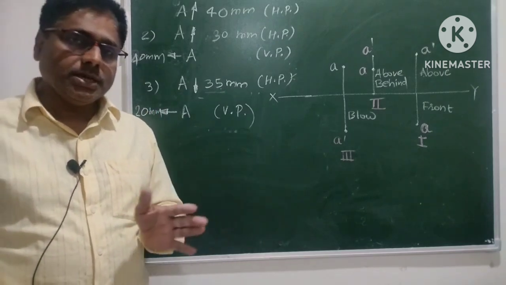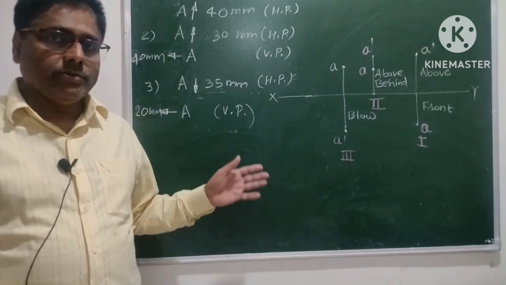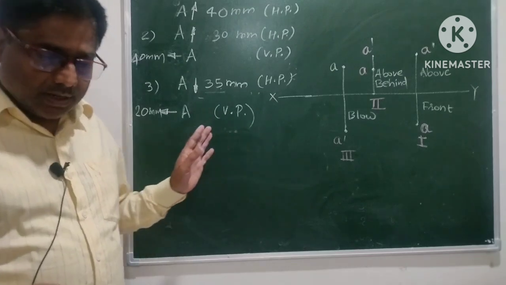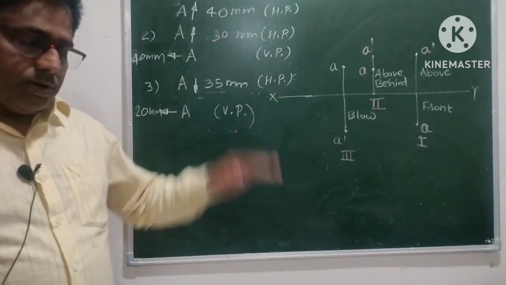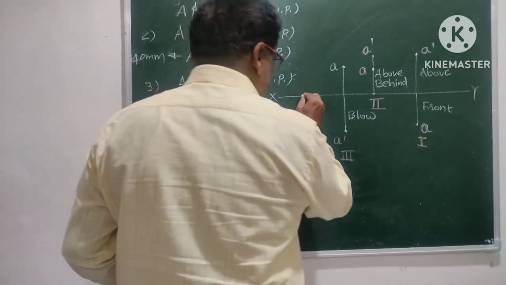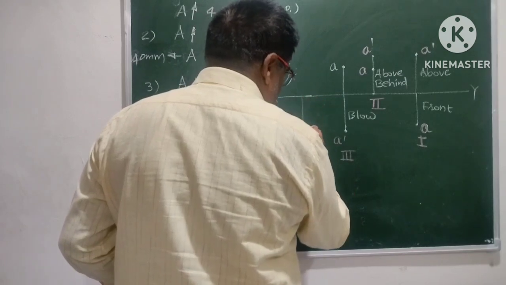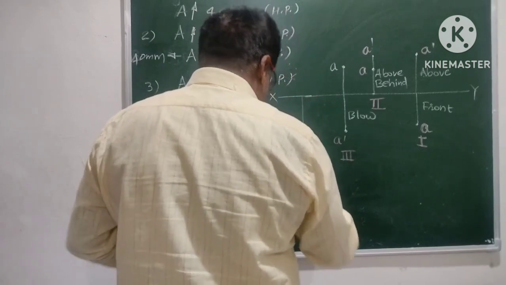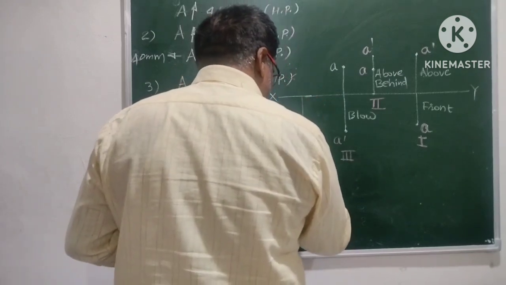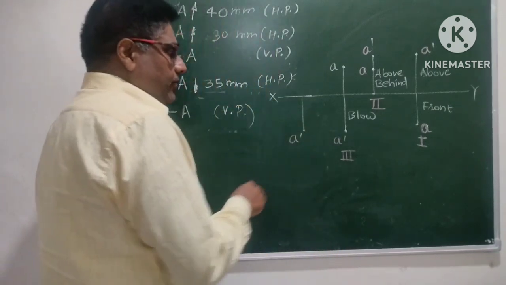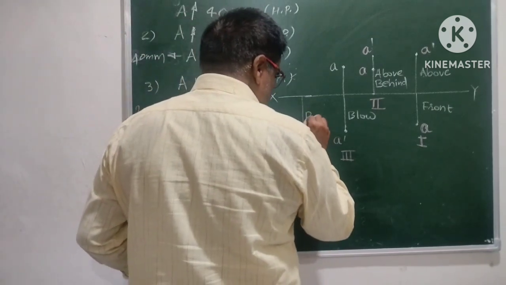Below HP, once again we will get front view on the vertical plane, that is below XY. A dash. What wording should be used? Below.